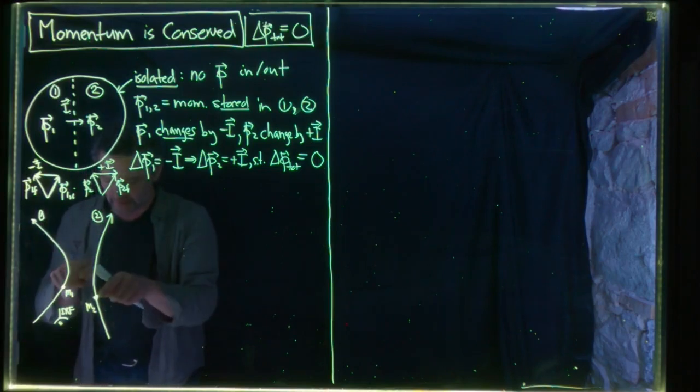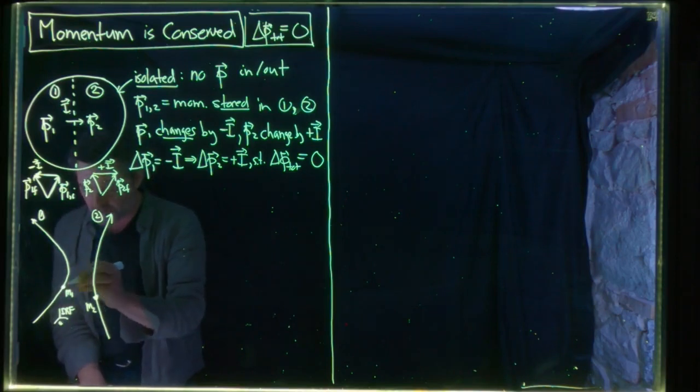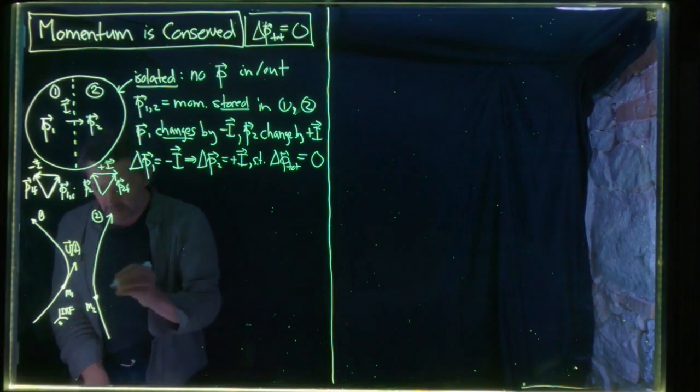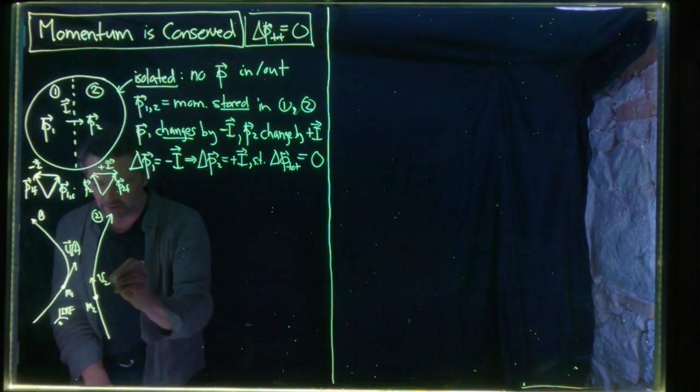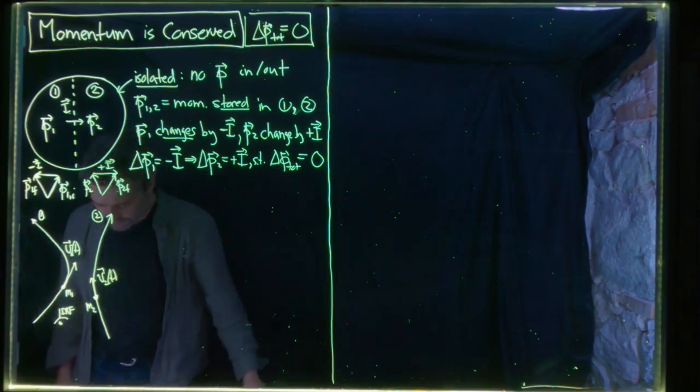So at this simultaneous time, at this instant of time t, we have, say, particle number 1 has some velocity v1, and particle number 2 has some velocity v2 at that same instant of time. Okay, so they're doing that.